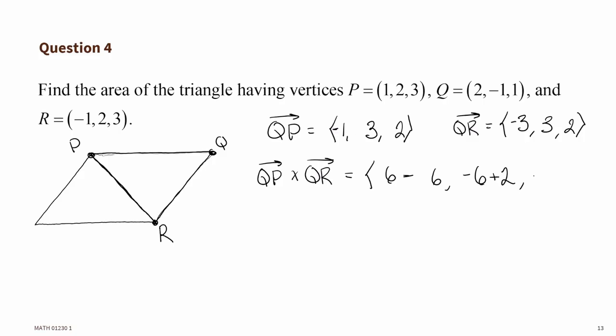And then negative 3 plus 9. Zero, negative 4, 6, right? Which we can factor out a 2. 0, negative 2, 3.